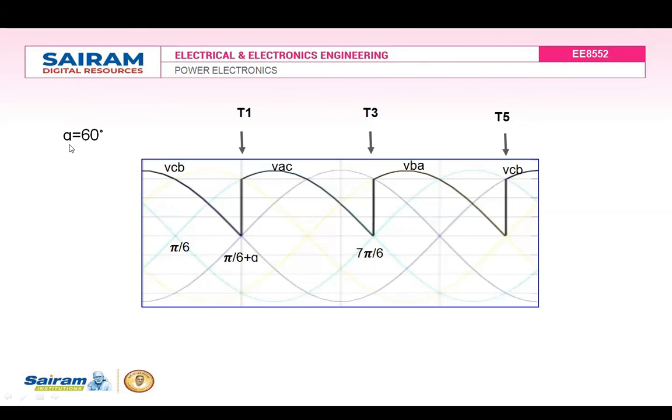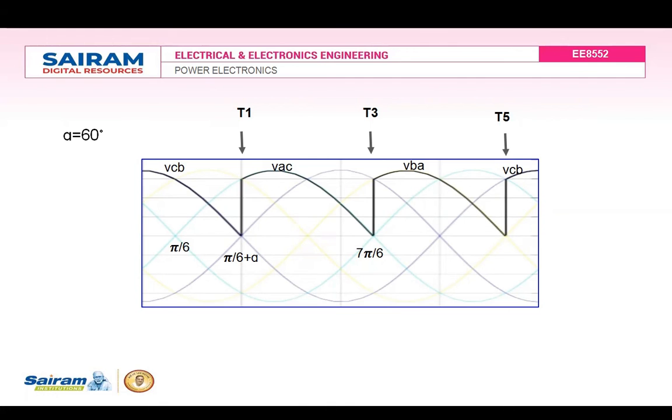So at alpha equal to 60, we cannot have the T1 and D6 combination, because at the point of triggering of T1 itself, the voltage connected to diode D2, which is connected to the C terminal, is more negative. So diode D2 will conduct automatically.